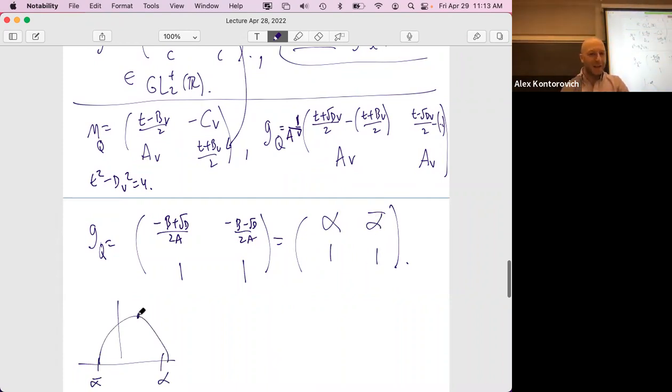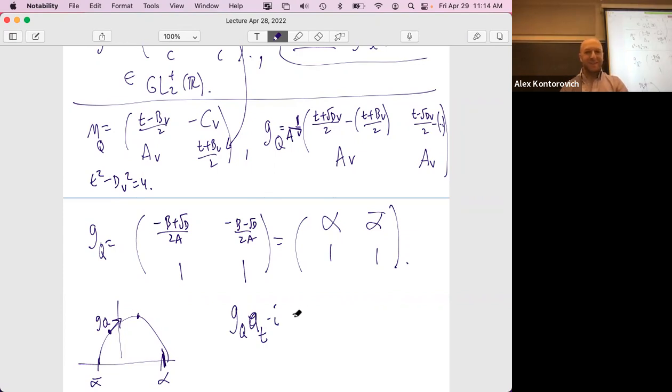Now, I don't know where this is. I don't think it's up here. Wherever this GQ is, it's somewhere. But how can we immediately see that it indeed goes to alpha at infinity and alpha bar at minus infinity? Just act by e to the t on I and see what happens for large values of t.